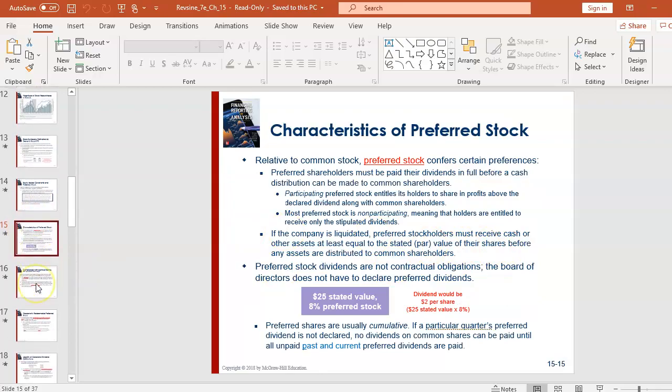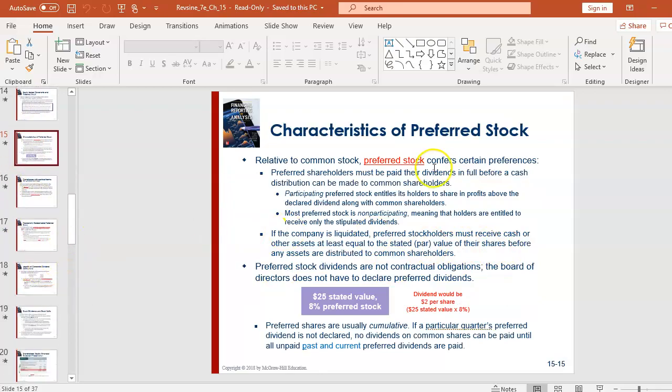So preferred stock is the next one. So we're moving on from common stock to preferred stock. And it says here, preferred stock confers certain preferences, and the preference is dividends. So if you have preferred stock, you receive dividends before common shareholders receive dividends. Now, the caveat, though, is your dividends are capped.